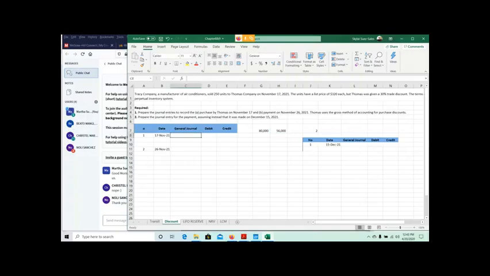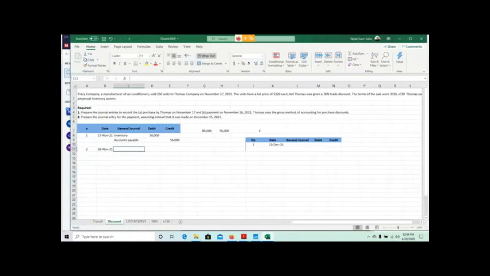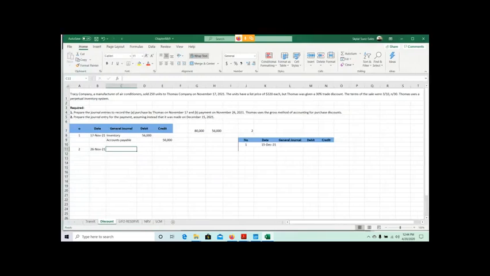for the purchase. Of course we're going to debit merchandise inventory, or just inventory actually, and then credit accounts payable. The inventory again is net of the trade discount. And then since we met the terms, the terms were actually 3/10, net 30.